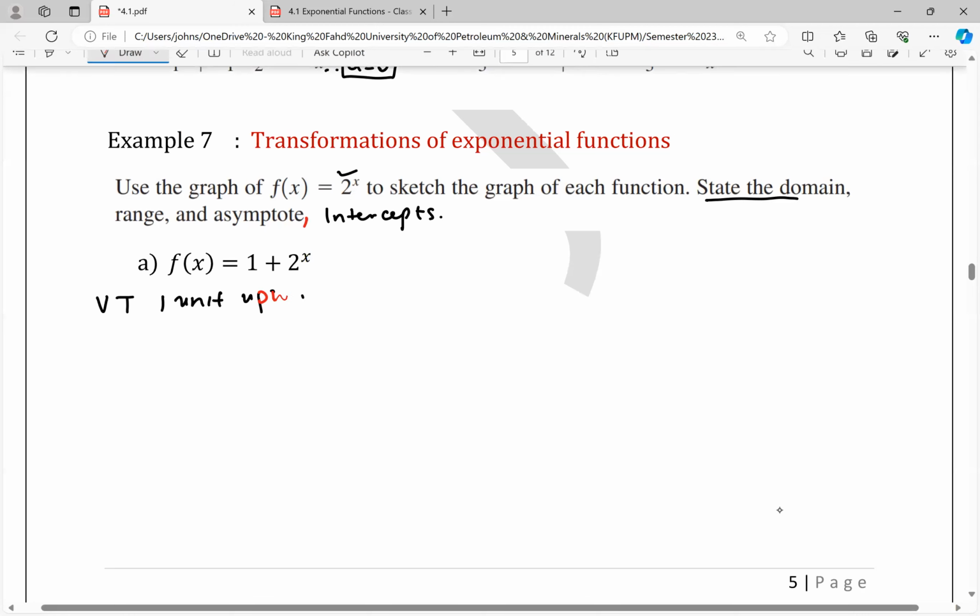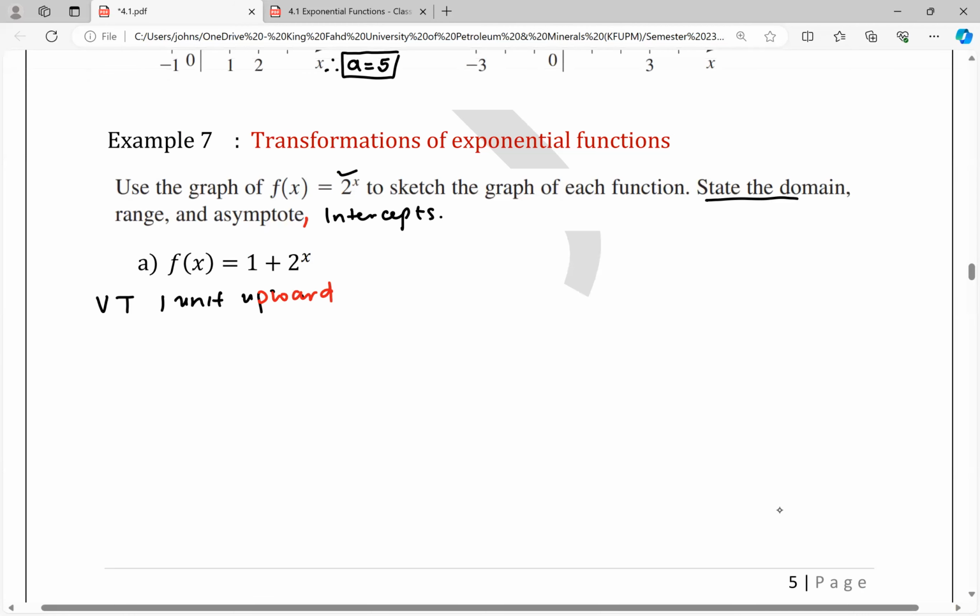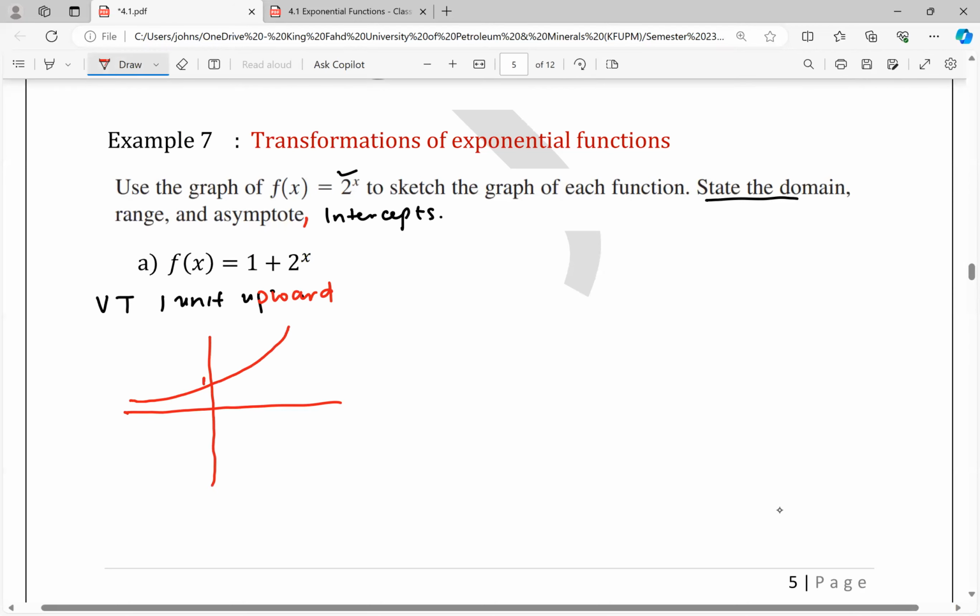So 1 unit upward. So we can start with the graph of 2 to the power x, so it's going to be increasing. And this point is going to be 1, right? So this is the graph of 2 to the power x.